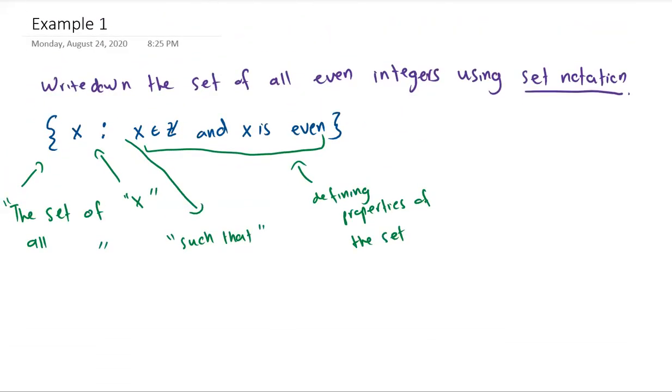Now that we've used this notation, we can actually write down the set of rational numbers. So let's do an example 2. Write down the set Q of rational numbers using set notation.